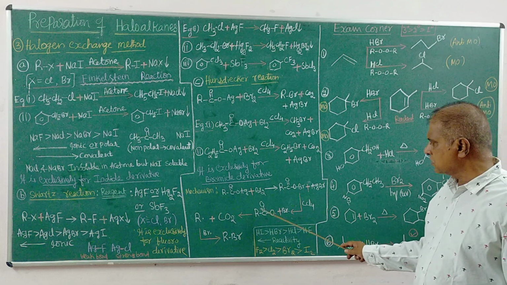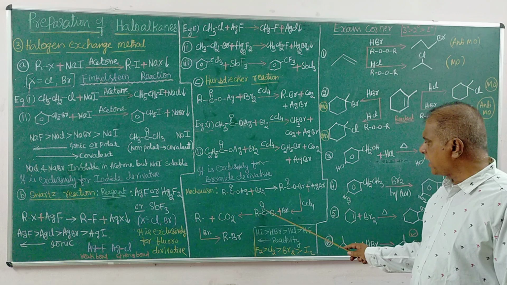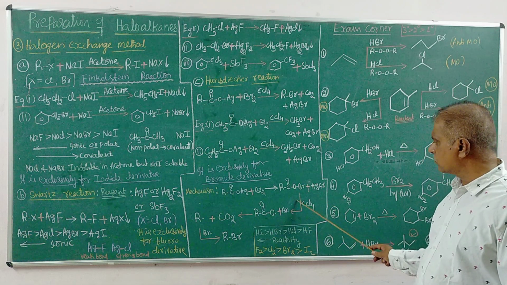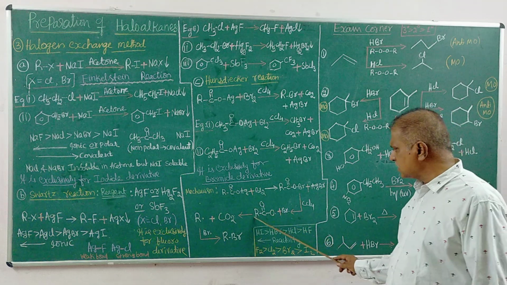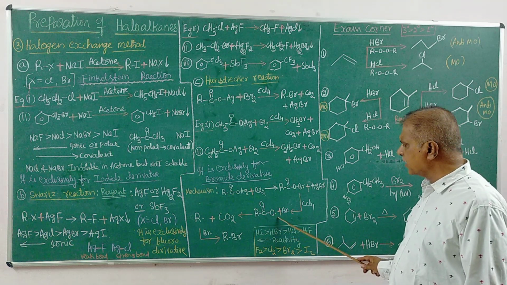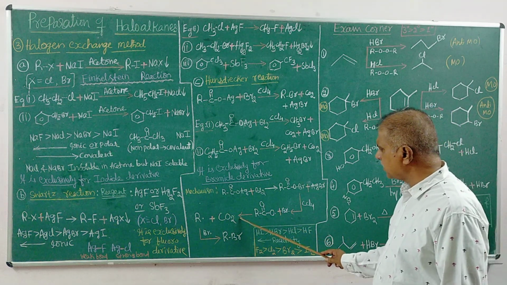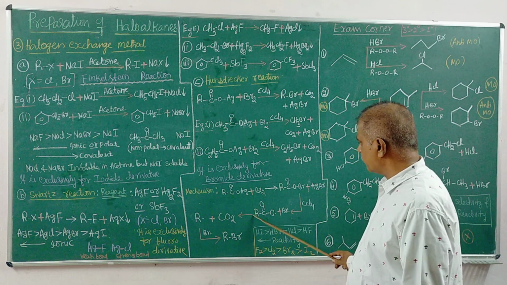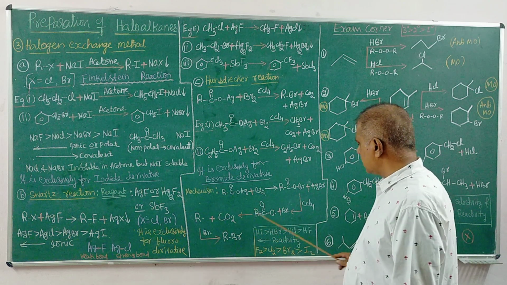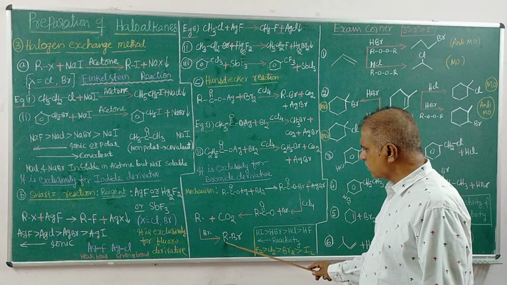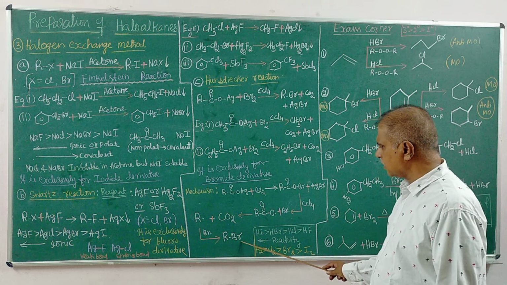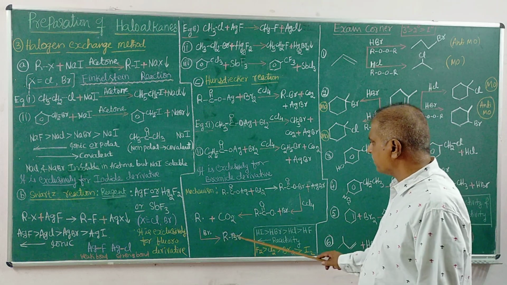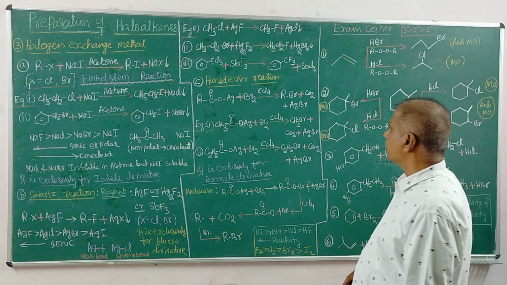Br and RCOO free radicals are obtained. This RCOO free radical is highly unstable. It decomposes into carbon dioxide and another free radical R. This free radical and the Br free radical combine to give RBr, the bromo derivative of the alkane. This is the mechanism in brief.